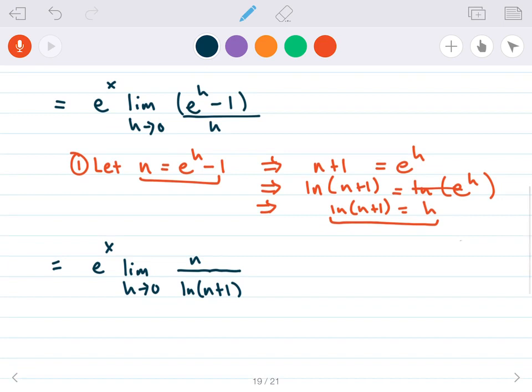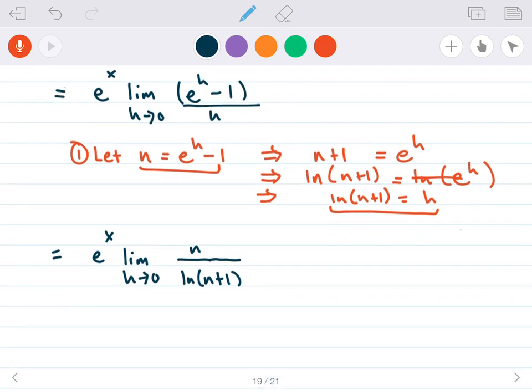Now, one thing to note here is the following. We have a relationship now since we made the substitution: h is equal to ln of n plus 1. We have this relationship between h and n. And so what that tells me is that as h goes to 0, n is also getting closer and closer to 0, because the ln of 1 is just 0, right?